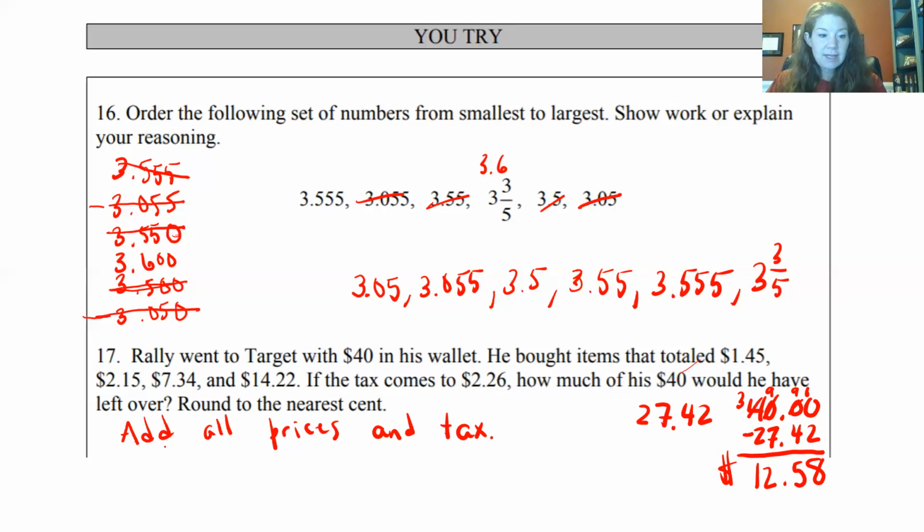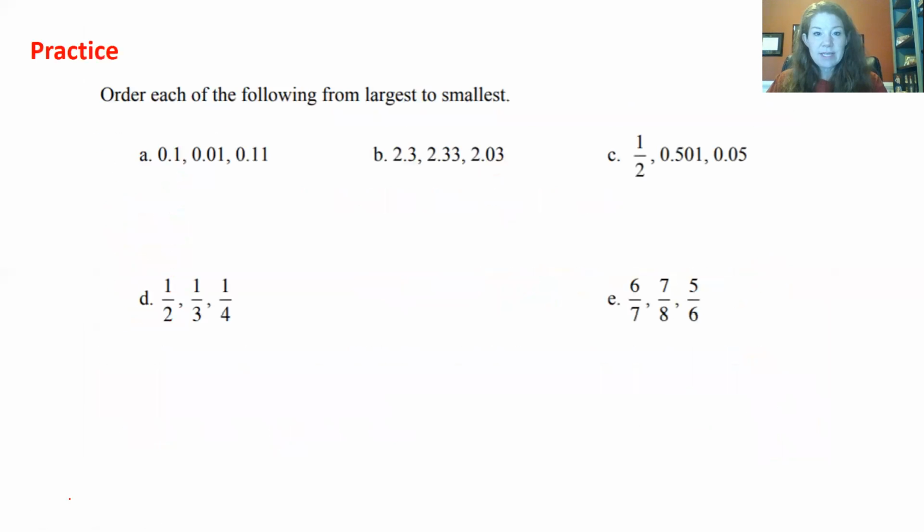So did you guys get the same thing? I hope you did. All right, so let's go and practice a few more comparing and ordering. Letter A, hopefully you lined up your decimals. If you lined up your decimals, you would find that 0.01 is the smallest. 0.1 is in second place, and 0.11 is the biggest number.